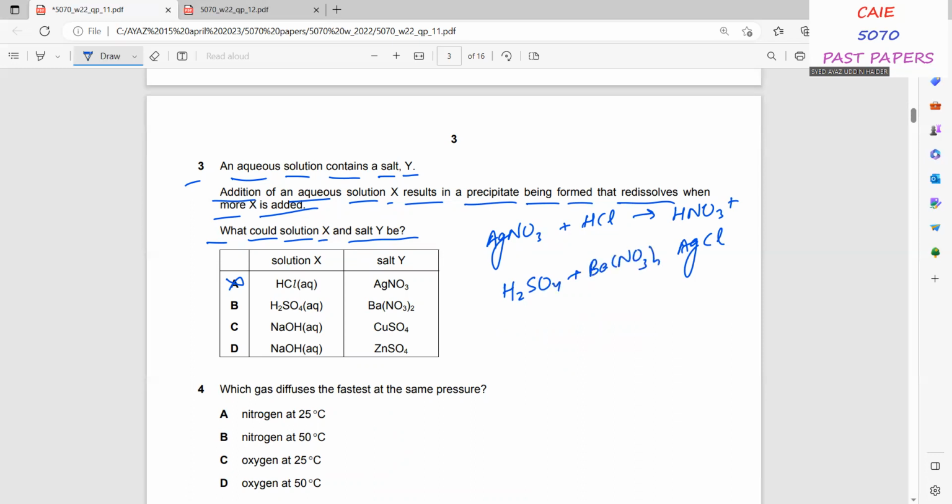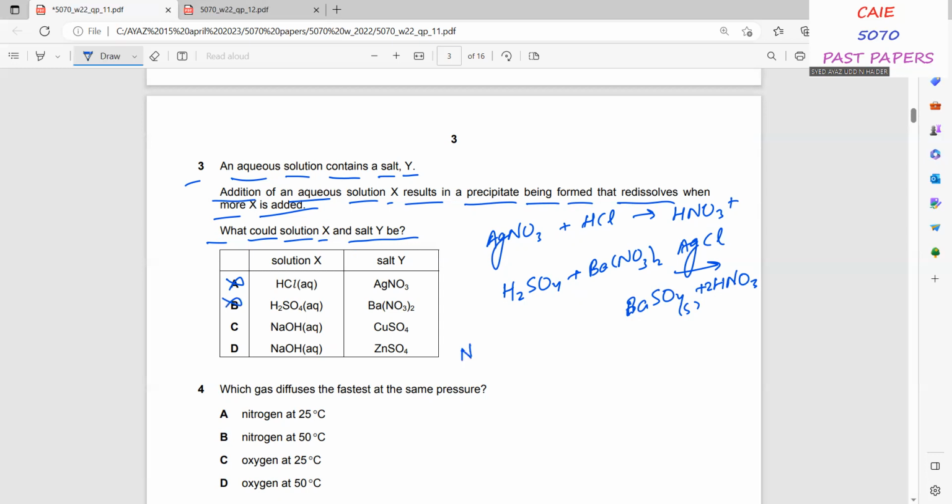What will you get? In this case, barium sulfate and nitric acid. This is the white precipitate of barium sulfate, which does not redissolve when more H2SO4 is added. Again, this is wrong. C, NaOH plus CuSO4.